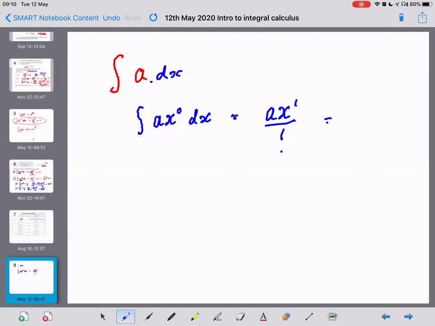So that is a times x to the 1, and x to the 1 is equal to x. So the answer is ax plus c. So the constant of integration comes back when you integrate a constant.